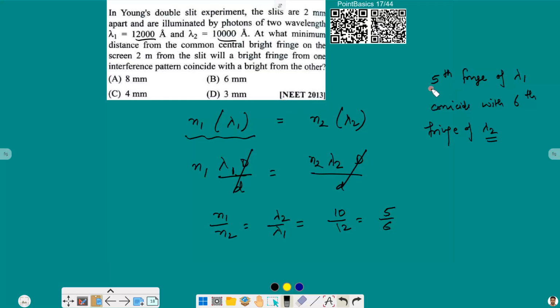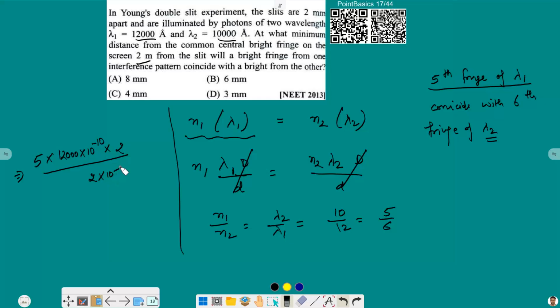So we have to basically calculate the distance from the center fringe. So let us calculate the fifth fringe for lambda 1. That will be basically equal to 5 times lambda 1, that is 12,000 angstrom, into capital D, that is given to be 2 meter, and divided by small d, that is 2 mm.